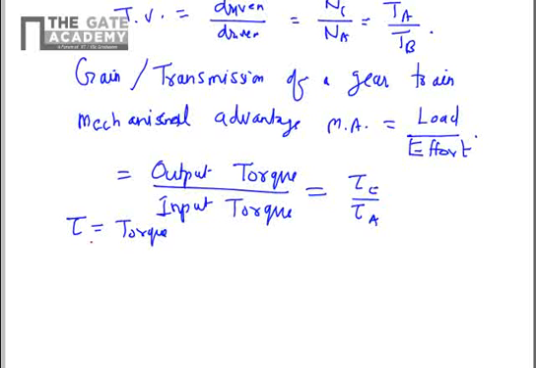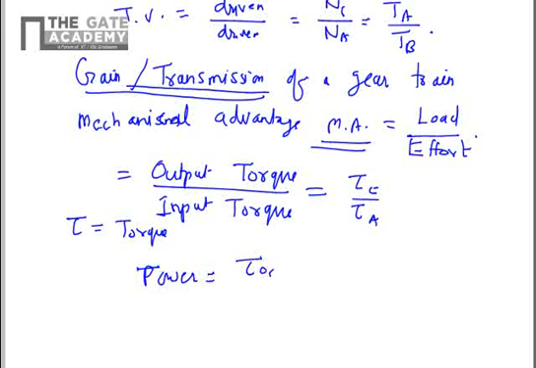Earlier also we derived the equation for the mechanical advantage. It is the same for a gear or for transmission of forces in a gear train or any mechanism. We don't have to do a detailed derivation of torques. We know from energy conservation, power conservation, that power is equal to torque into angular velocity. So power is equal to tau into omega.